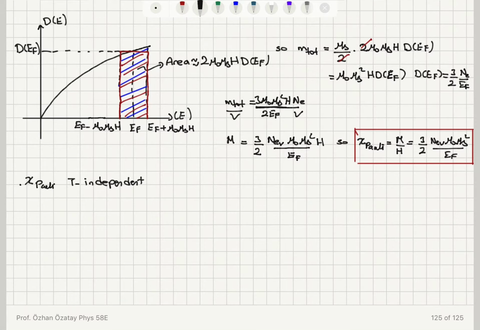Okay, so the Pauli susceptibility that I find is temperature independent, and one thing I haven't taken into account is that the electron trajectory is unaffected by the magnetic field. That's my assumption. The electron trajectory motion, even if it's a free electron, is affected by the magnetic field also. It's like an orbital effect.